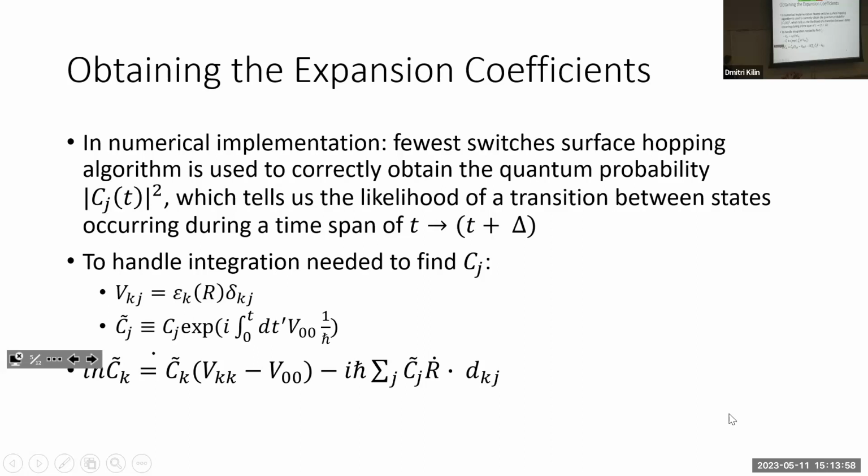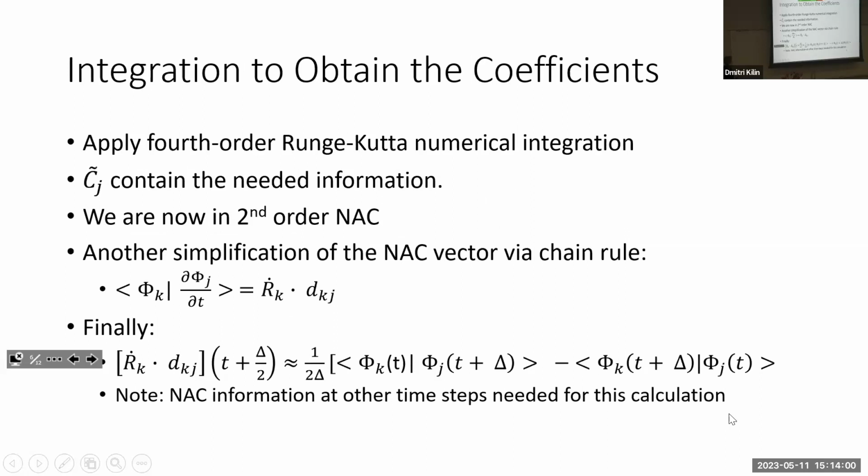We get our time-dependent Schrodinger equation re-expressed, and since we want to integrate it computationally, as we're probably going to be doing simulations on a computer, you can use the fourth-order Runge-Kutta numerical integration method. And in the process, this C tilde coefficient that we've renamed will contain all the information, so you don't have to worry about going back to finding that C_J.